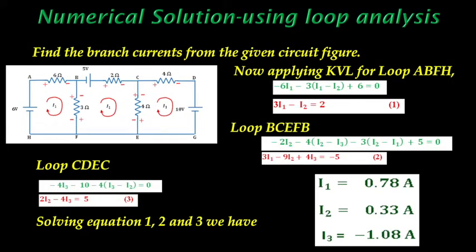This is the numerical solution using loop analysis. Find the branch currents from the given circuit figure. The problem can be solved by loop analysis. That is a special application of KVL on a circuit, using a special kind of loop called a mesh, which is a loop that does not have any other loops inside it.